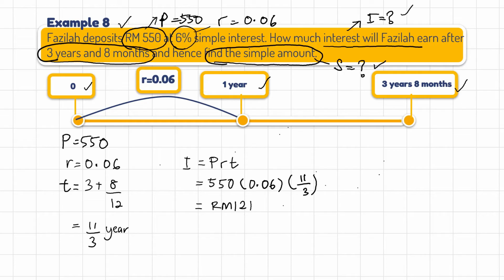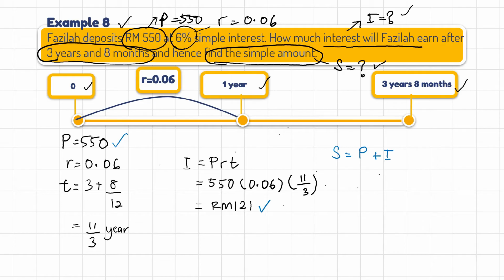Don't forget to put RM. Okay? The second question that we need to find is capital letter S. From the formula, we have S equals to P plus I. Since we are given P is 550, and next we already know our I, which is 121 ringgit.